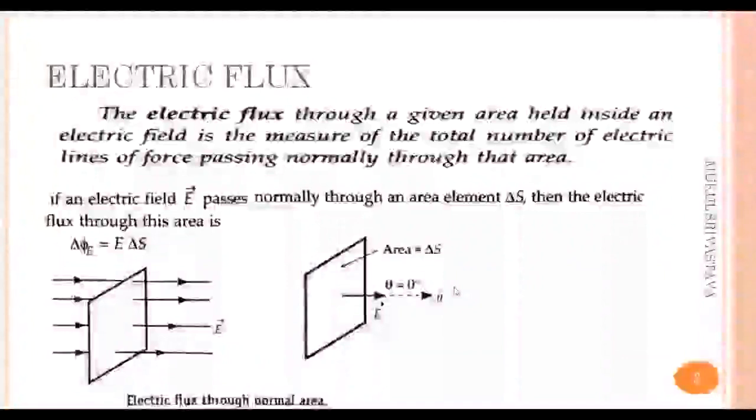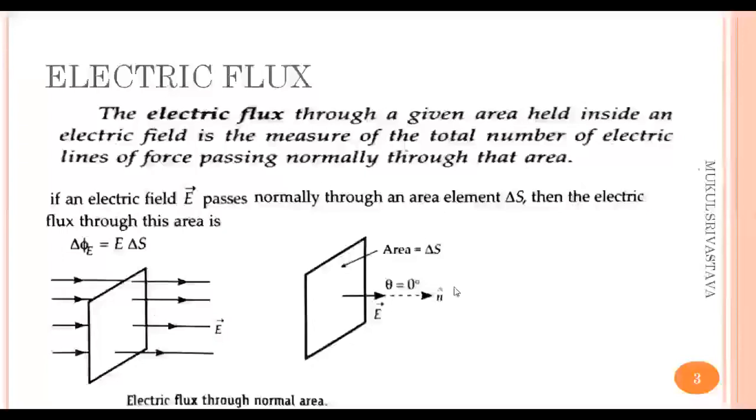Now suppose a case in which the normal to the area element delta S makes an angle theta with the electric field E. In that case, we are going to find out the electric flux.